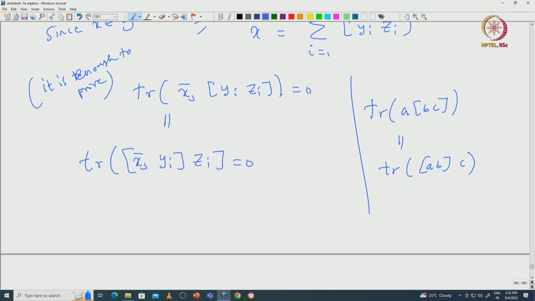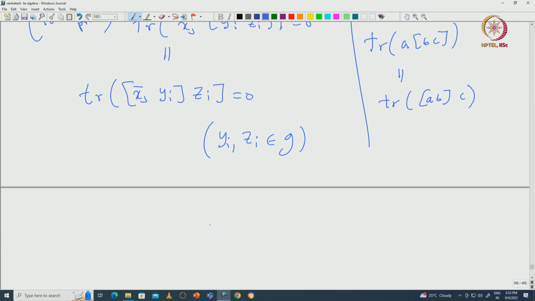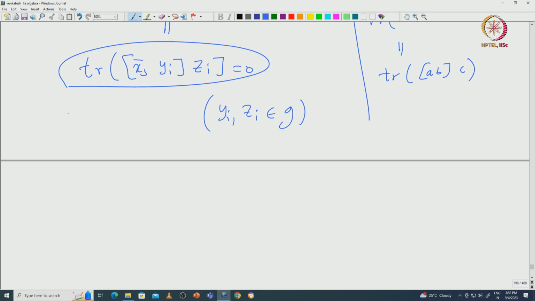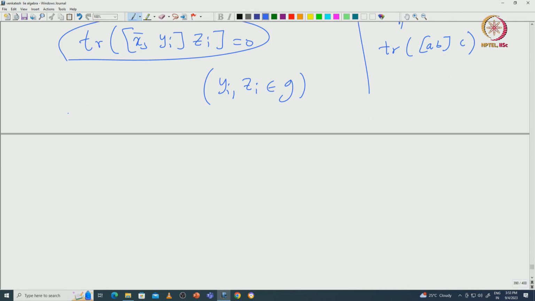Note that these yi and zi are all coming from your G. Now, to prove this trace of [xs bar, yi] times zi is 0, you can see that this [xs bar, yi] is actually an element of this G again.